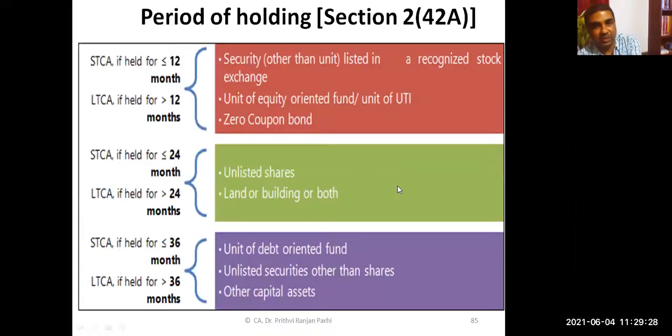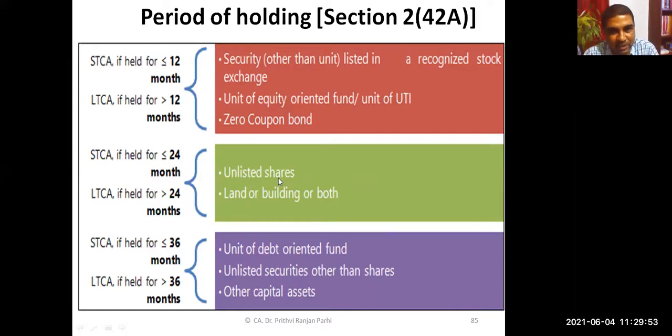This is about the rate of tax on capital gain. I'll be taking you to various sections. First of all, you already know how to classify an asset as short-term or long-term. For securities other than units, listed on a recognized stock exchange, units of equity-oriented fund, units of UTI and zero coupon bonds, if the asset is held more than 12 months, then it is long term, otherwise short term.